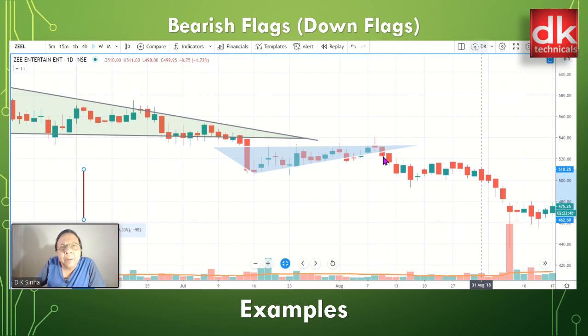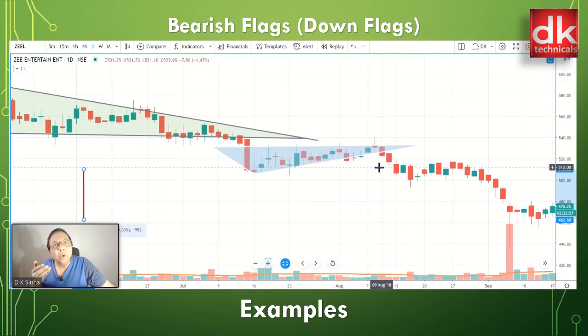This is the breakdown candle which has been formed. So we will put the sell stop order just below the bearish candlestick pattern that has been formed, and the moment the sell stop order gets triggered, we are in the trade, or else we can avoid the false breakdown situation.